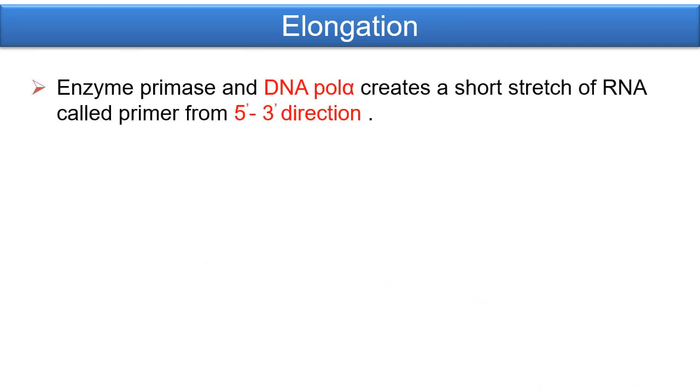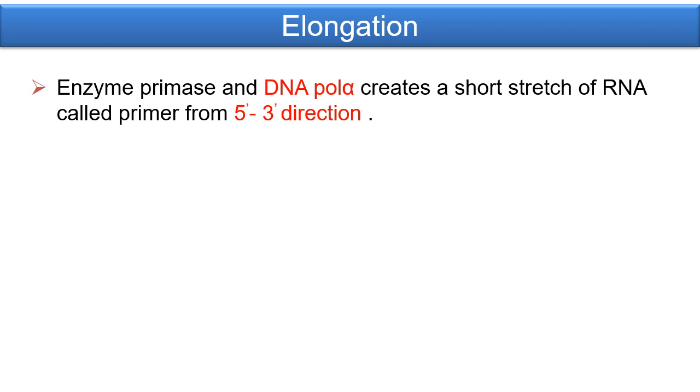Now there is a problem in the elongation process, that is dNTPs cannot be added directly to the template strands. DNA polymerase enzyme cannot add bases without an existing strand of nucleotides, known as primer. So primer is a short stretch or segment of RNA synthesized by enzyme primase along with DNA polymerase enzyme, which is directly added to the template strands from 5' to 3' direction, and DNA polymerase later adds bases to these primers.